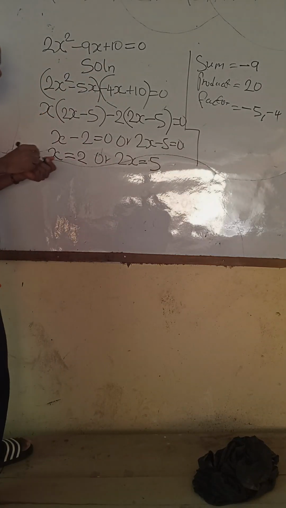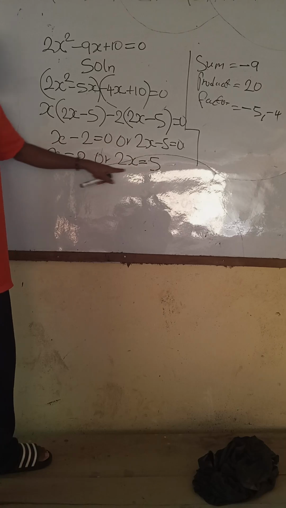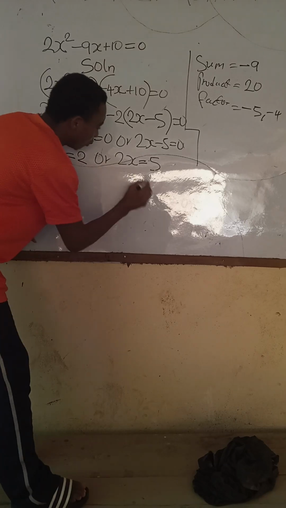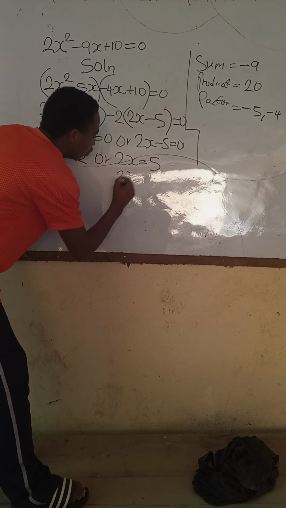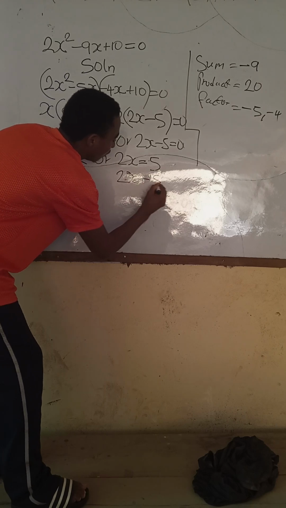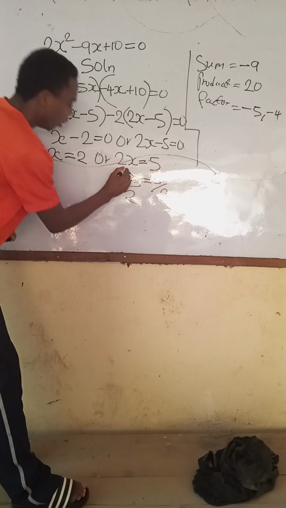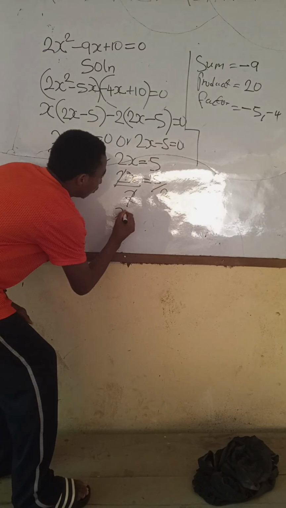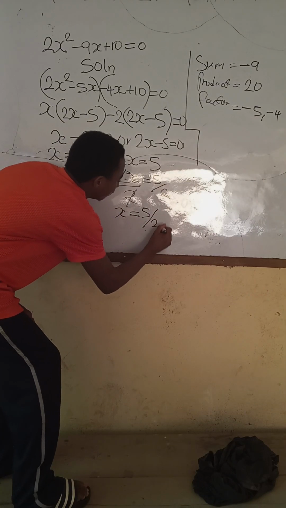We have not gotten x in this second value. What we are looking for is x, not 2x. It means that you divide both sides by 2. These two will cancel these two, and x will be equal to 5 over 2.